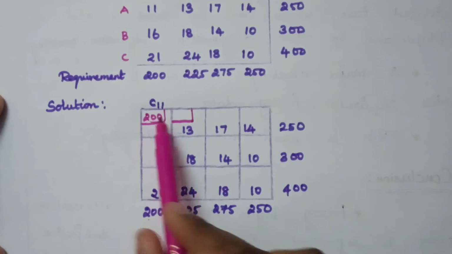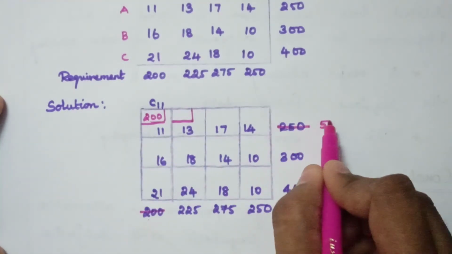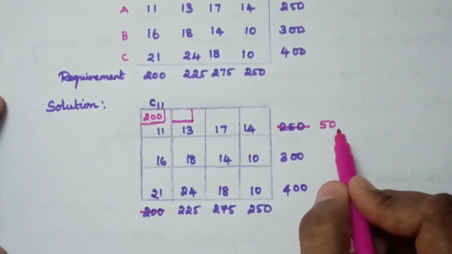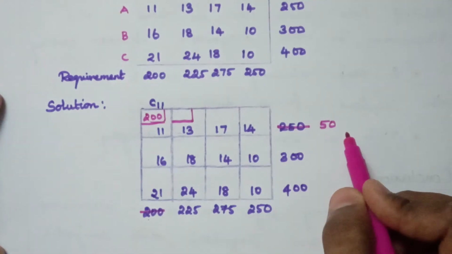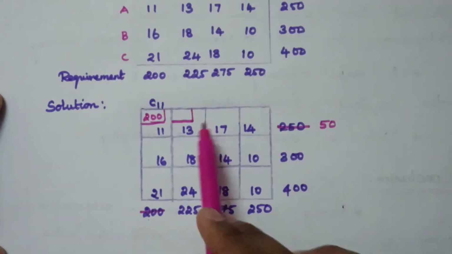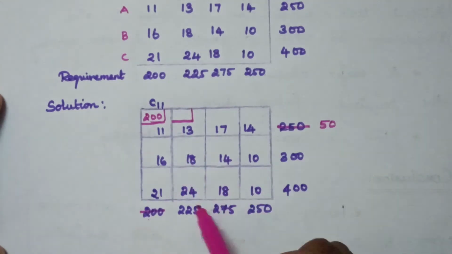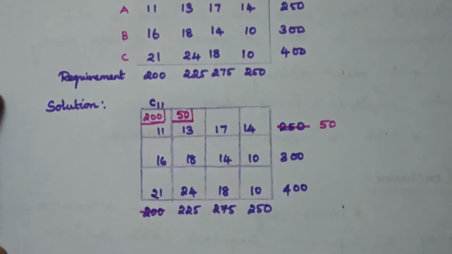Here 200 should be subtracted from the row as well as from the column. 250 minus 200 is 50. So here we have 50 and 225 as availability and requirement. Which one is minimum? 50 is minimum, so we choose 50.